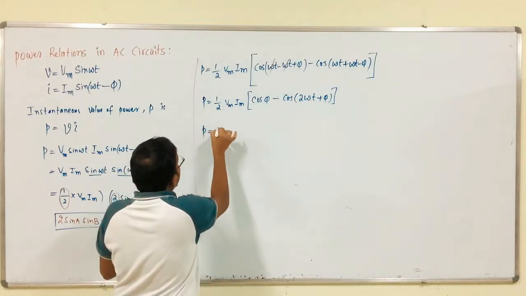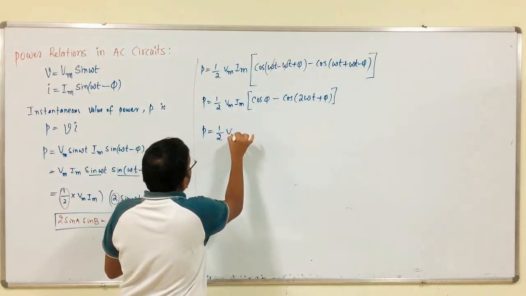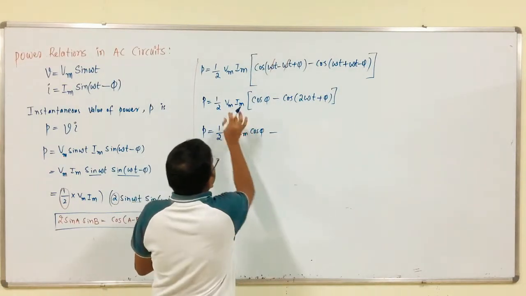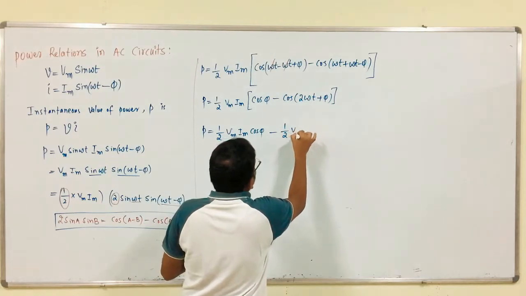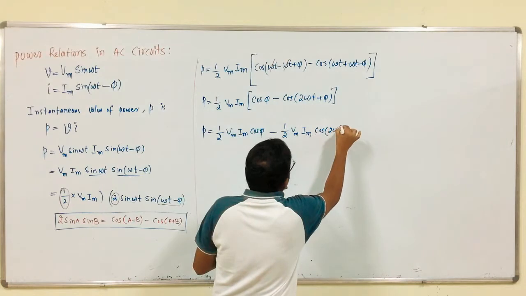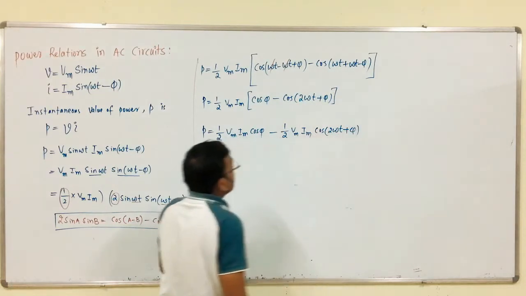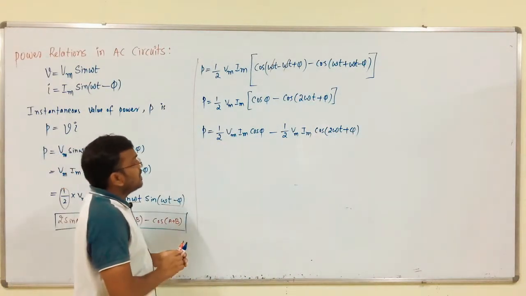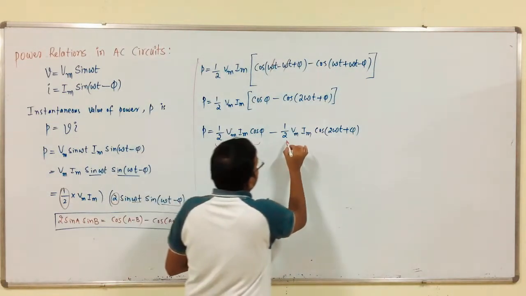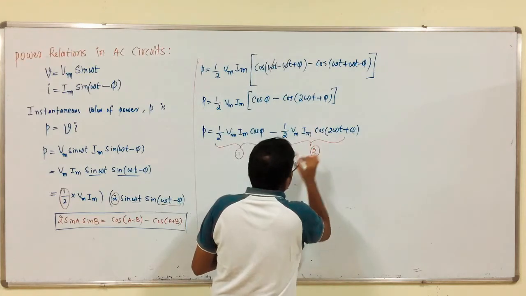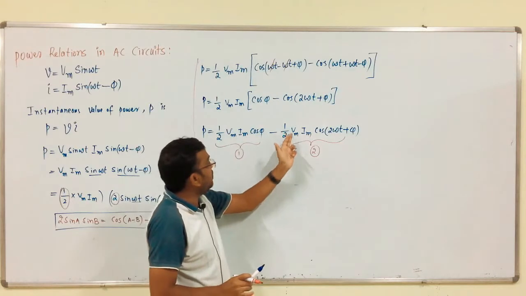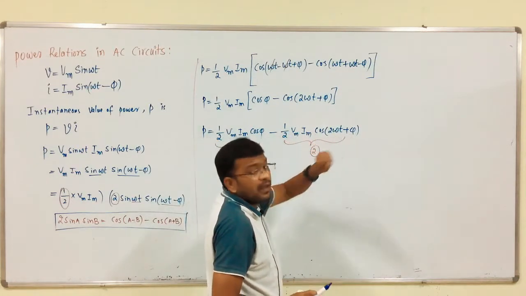So p is equal to half into Vm Im cos phi minus half Vm Im cos(2 omega t plus phi). This is term 1, this is term 2.